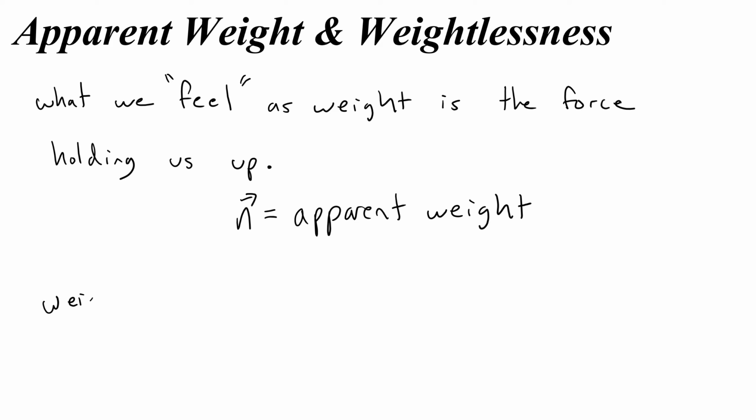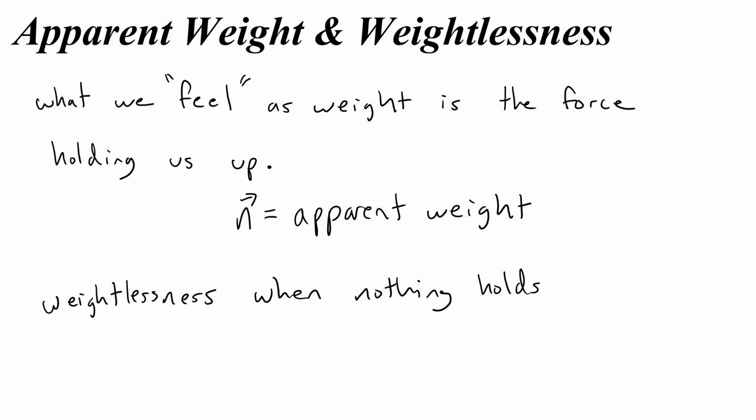Weightlessness is what we call that feeling when nothing holds you up. Like when you're falling, there is still a force of gravity acting on you. So you still have weight, but you don't feel like you have weight because there's nothing pushing up on you. So your normal force is 0.